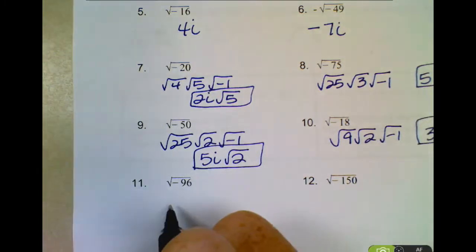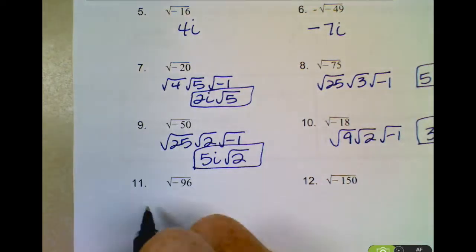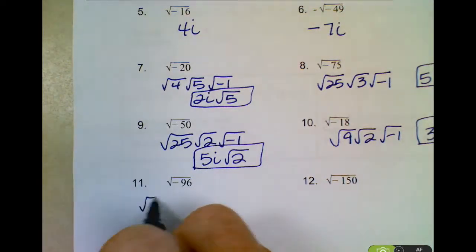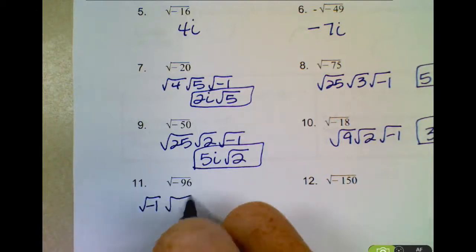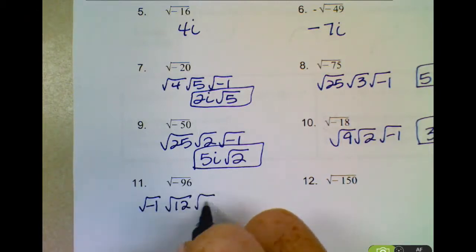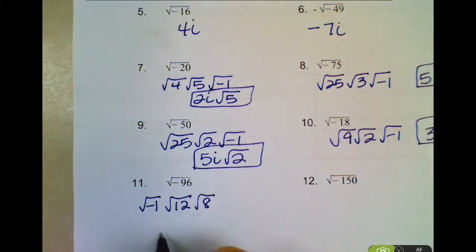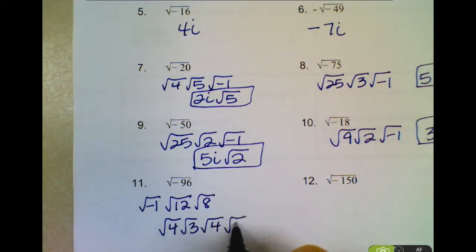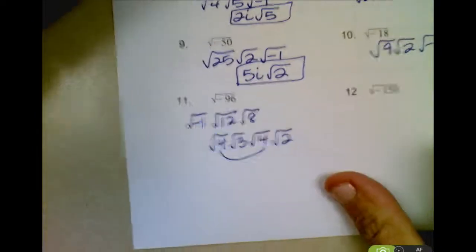Number 11, which is square root of -96. So if you don't know what that is, I do know that I'm going to have a -1 involved in there. I also know that 12 times 8 gives me 96. You can break both of those down: square root of 4, square root of 3, and then square root of 4 and square root of 2. As soon as I have a pair, that's the number that's going on the outside of the radical.